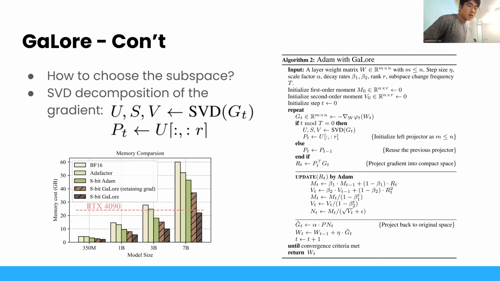Okay. So then the question becomes, how do we choose the subspace? What GaLore comes up with is that after every T steps, they do an SVD decomposition of the gradient. Then you get U, S, V, and P_T is you just clip the first R rows of U. The really cool thing is that you can pre-train a 7 billion parameter model on a 49.